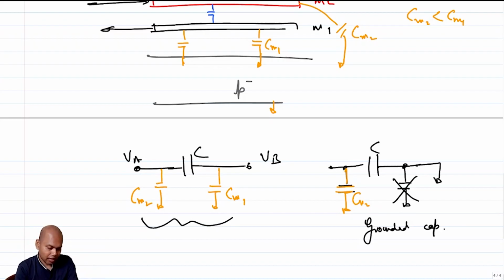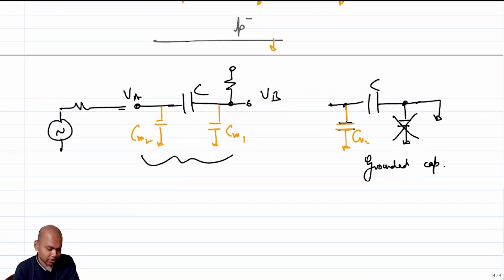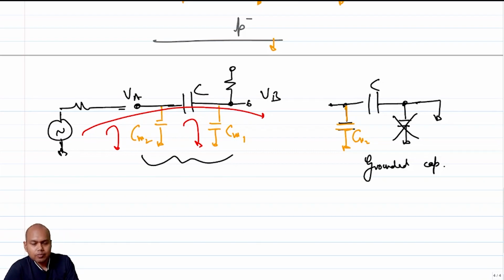Say you want a floating capacitor through here, and you have a signal that comes through this side. You have chosen a very large value of capacitor C, which means the signal is supposed to get coupled from here to there. But right now, because of CM2 and CM1, it can also get shunted to ground, right? You can have a loss of signal, correct?